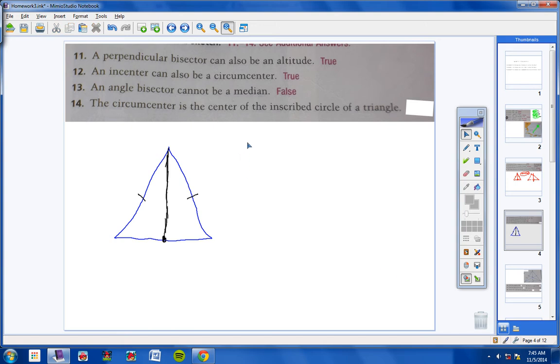Okay, number 14 says the circumcenter is the center of the inscribed circle of a triangle. Now the circumcenter again is the point that contains the perpendicular bisectors. Okay, so this is false. Now a circle inscribed in a triangle means this.